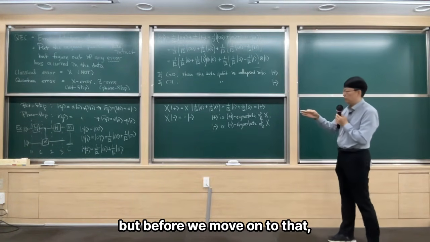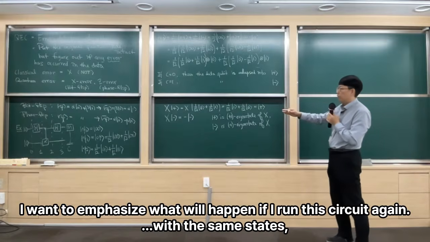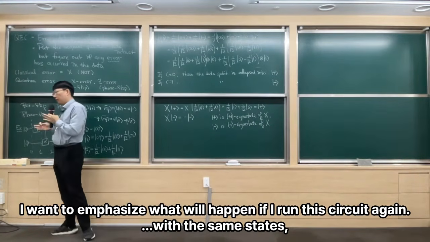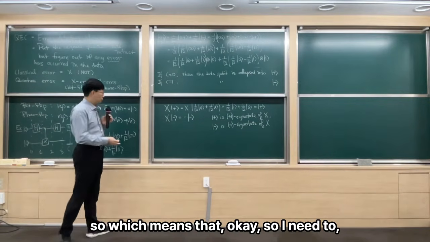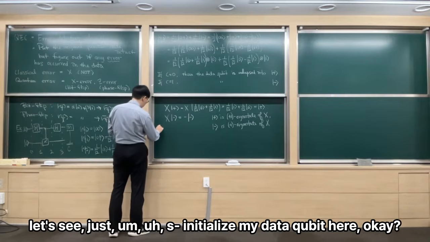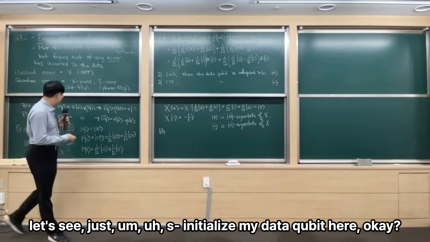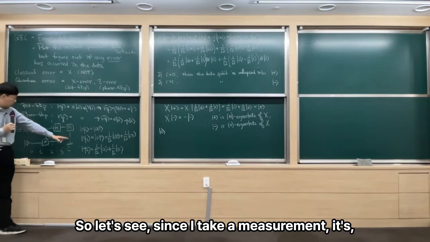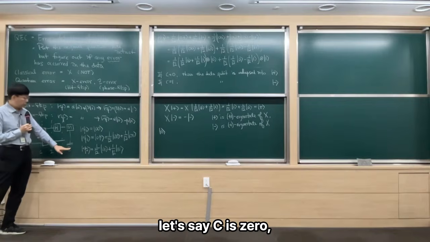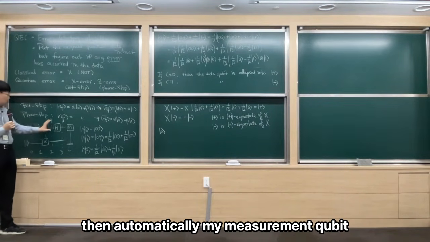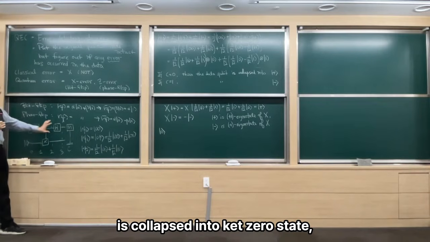But before we move on to that, I want to emphasize what will happen if I run this circuit again with the same states. So I need to initialize my data qubit here. Since I take a measurement, let's say C is 0, then automatically my measurement qubit is collapsed into ket 0 state.